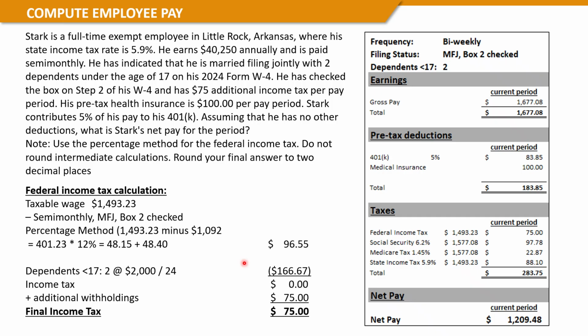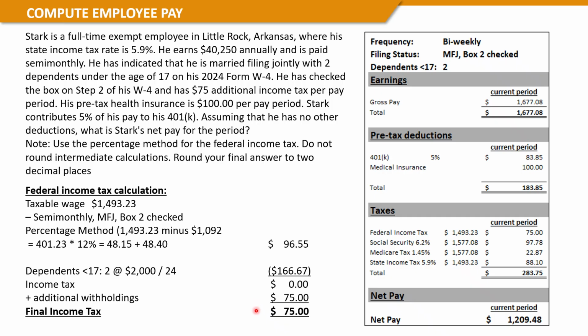In our case, it is because $96.55 minus $166.67 is less than zero. So we change any negative amount to zero, but still add any additional tax amount, which in this example is $75. So after all our calculations, the federal tax withholdings is $75.